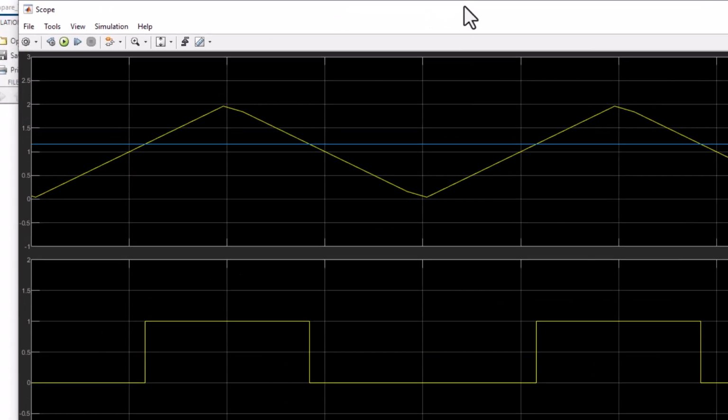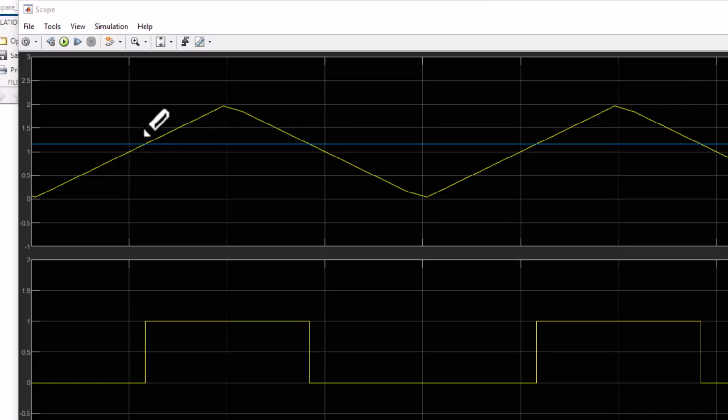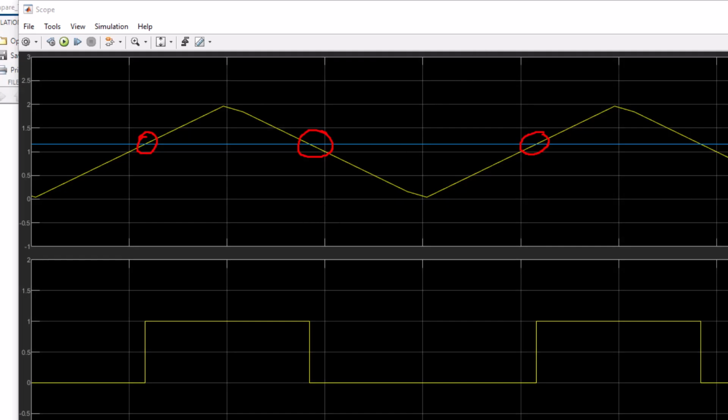At the point of intersection we are getting the wave, on and off. At the point of intersection, the triangle is on the bottom side, and here it is the upside. This is also a way to generate the pulses.